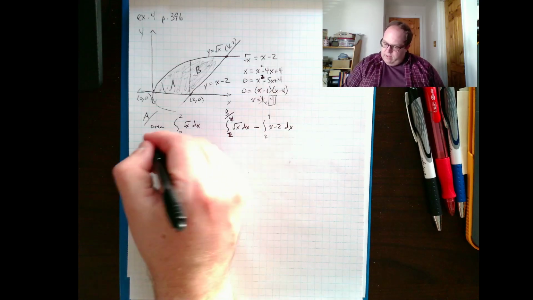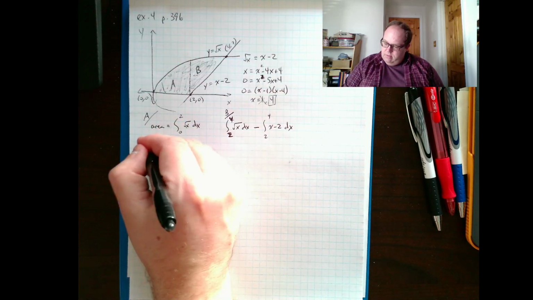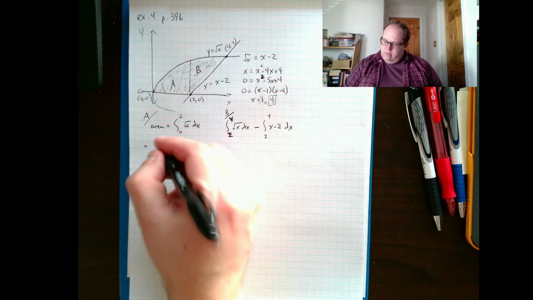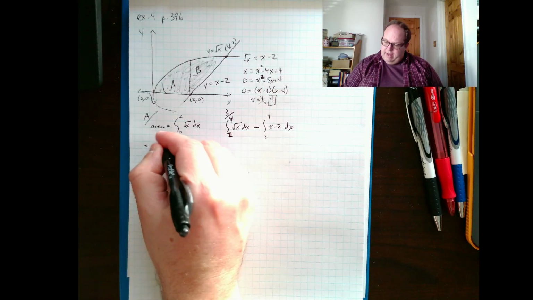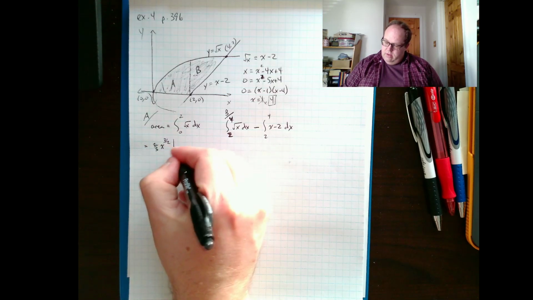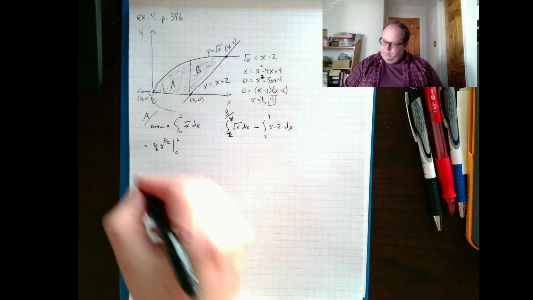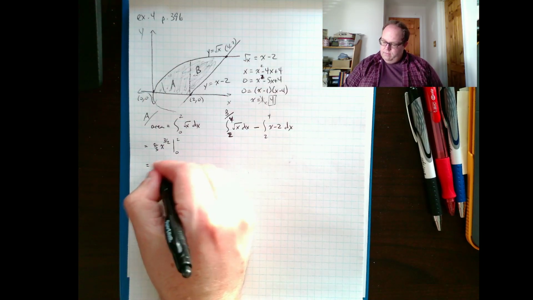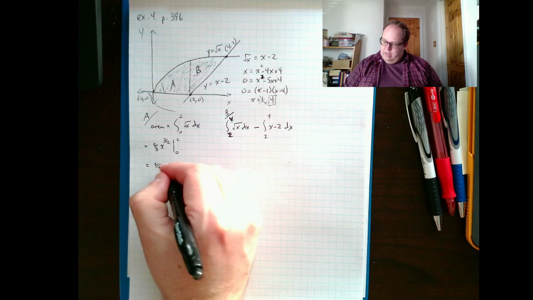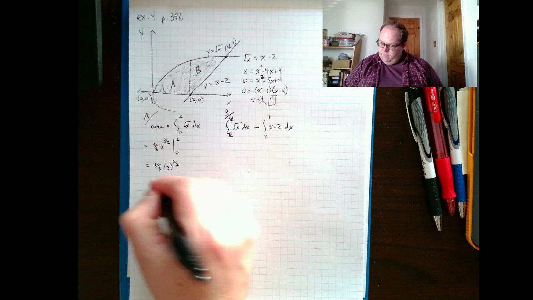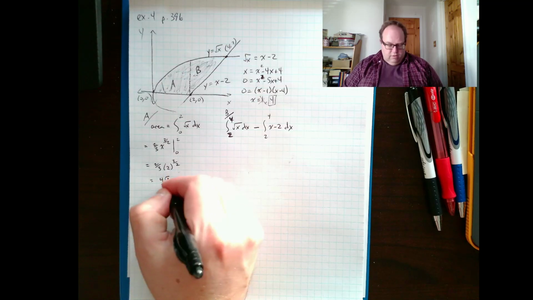Alright, so I work these out. In this case, that is x to the 1/2, so its antiderivative would be x to the 3/2 times 2/3, evaluated between 0 and 2. The 0 is not going to contribute anything, so I get 2/3 times 2 to the 3/2, which would end up being 4 root 2 over 3.